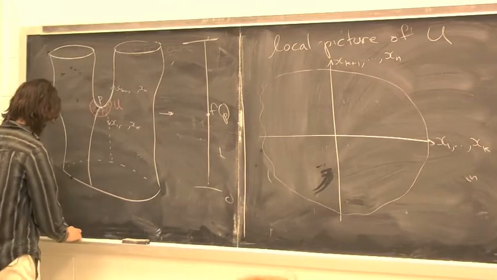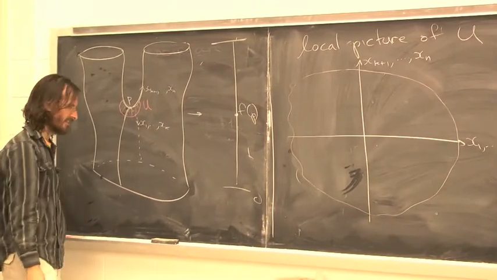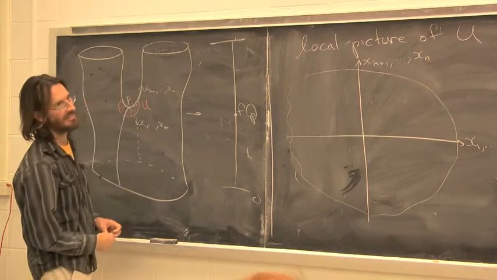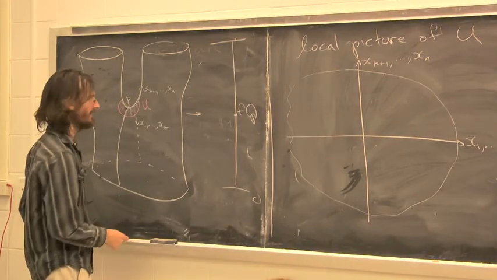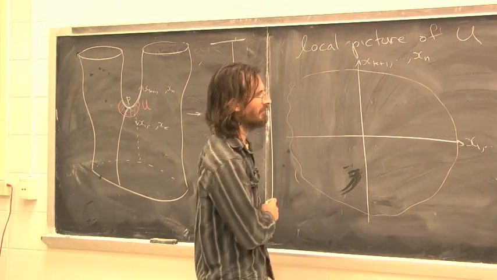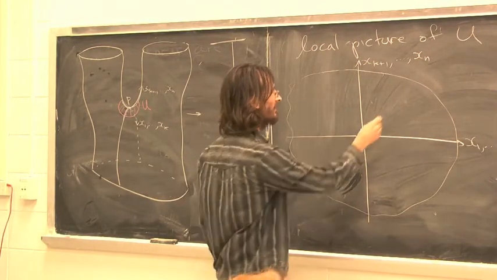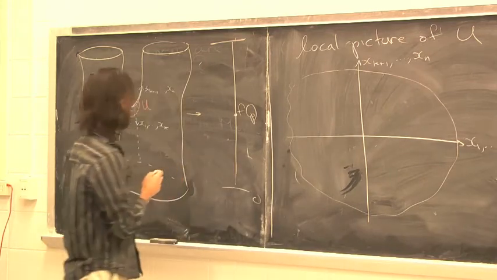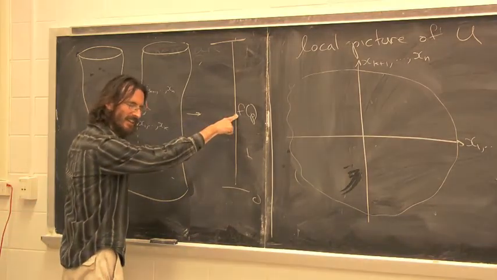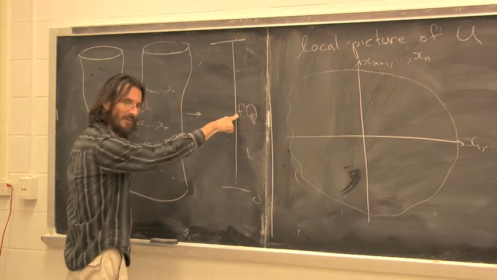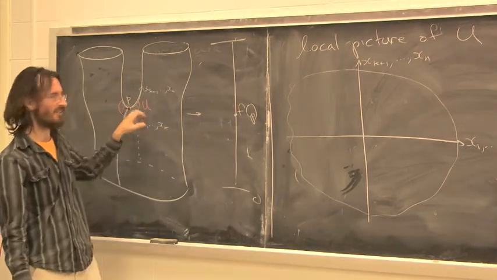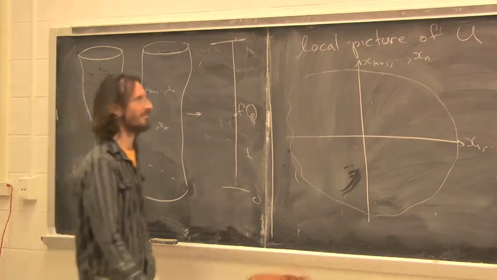Now I want to draw the level sets of the function and the gradient-like vector field. Remember, f of p is not 0 here, but I choose local coordinates so that it is 0. Let's reshift things so we think about 0, just to make it simple.